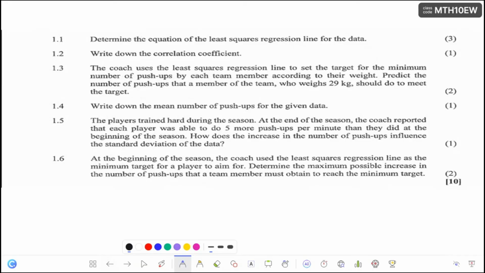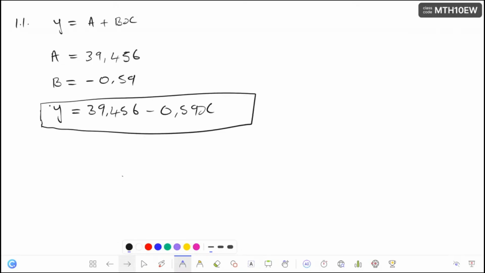Now they said determine the correlation. You need to write the correlation, and you're also going to use a calculator. For 1.2, you're going to press shift, then 1, 5, then you'll see R. R is number 3.